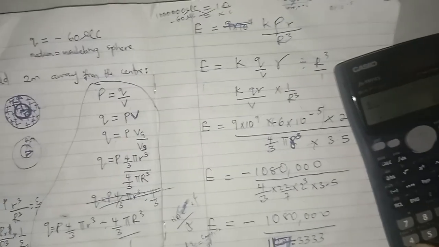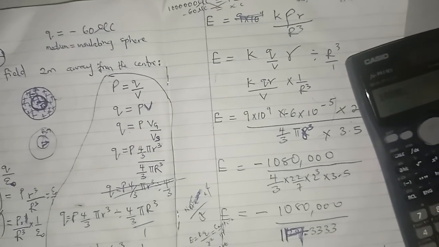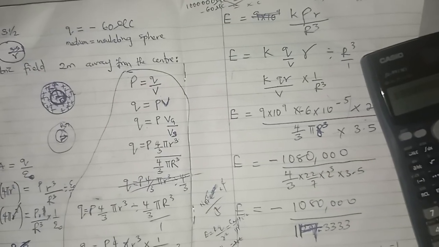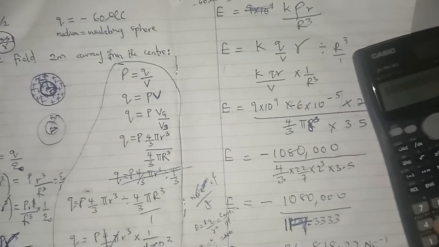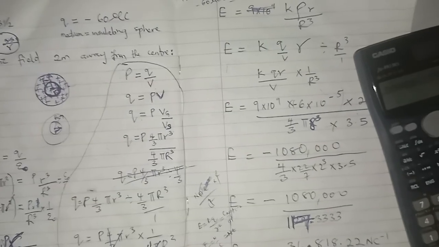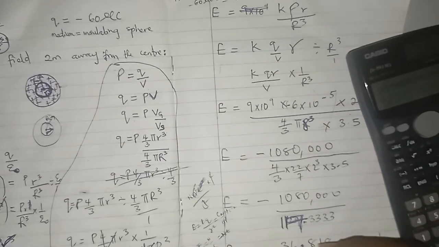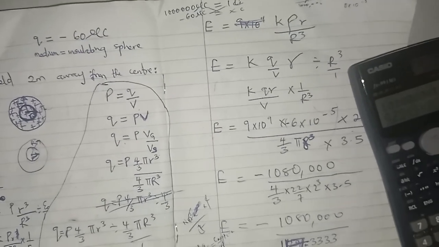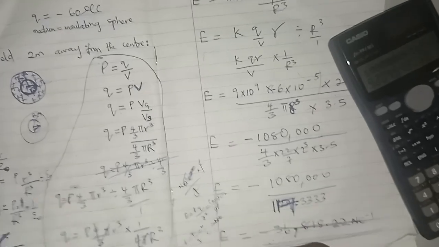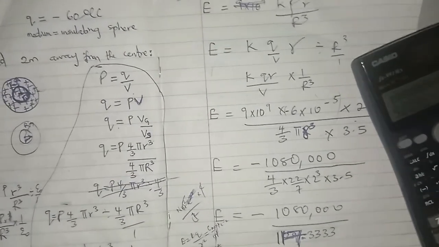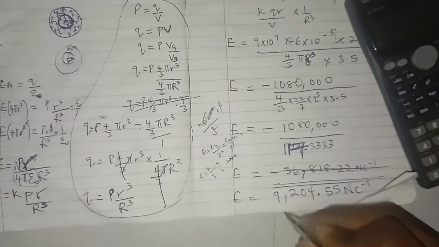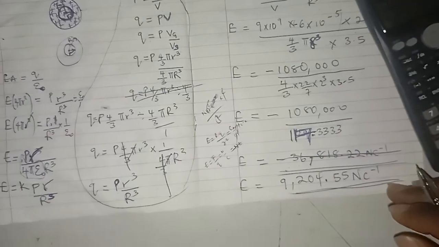So let's do 1080,000 divided by 117.3333. So what we actually have, E is actually 9,204.55 Newton per coulomb. So thank God about that.